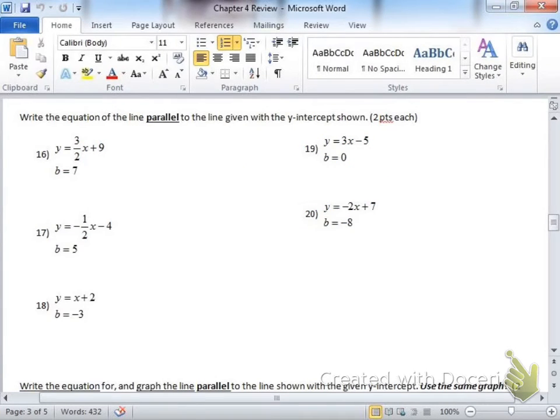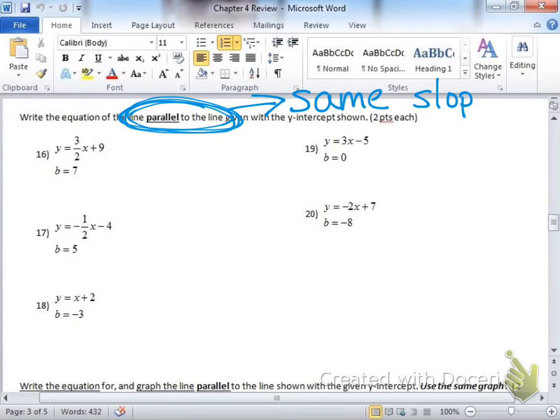So on this next page, we are writing the equation for the line parallel to the line given. Parallel lines have what? The same slope or m value. All right, so I want a line parallel to y equals 3 over 2x plus 5.